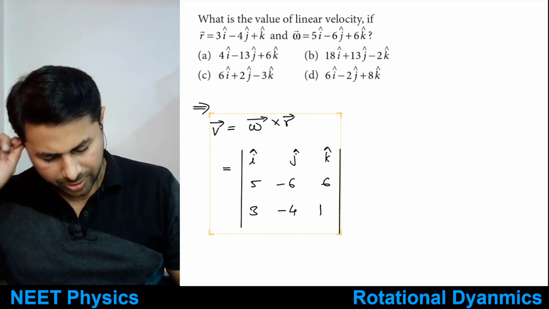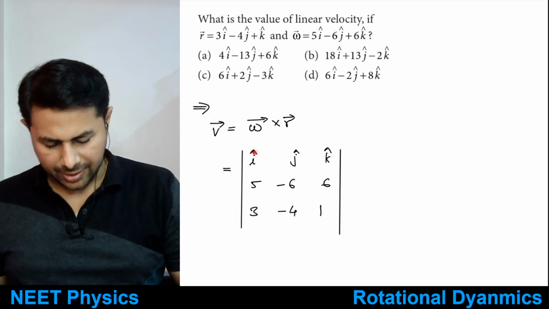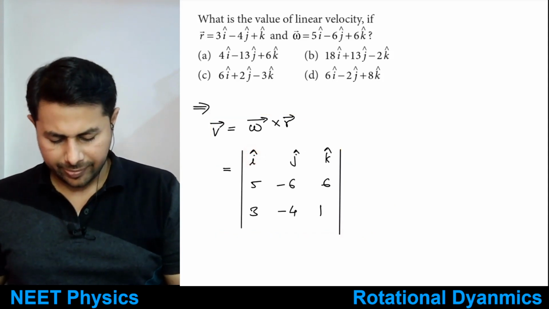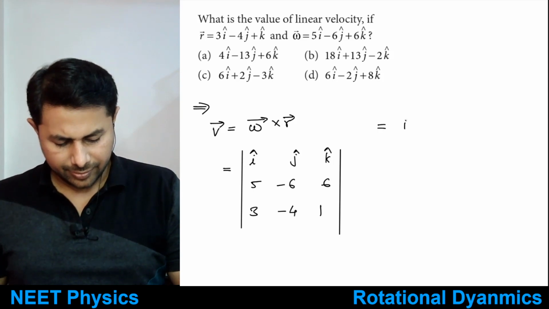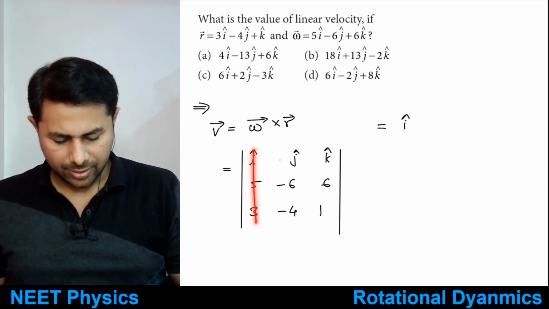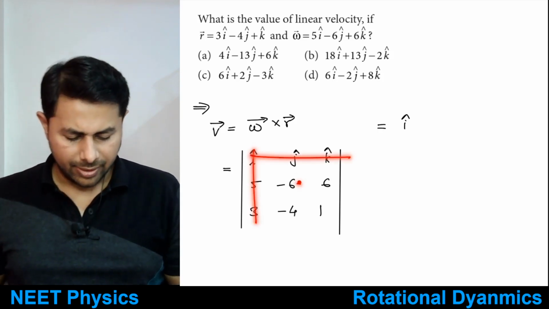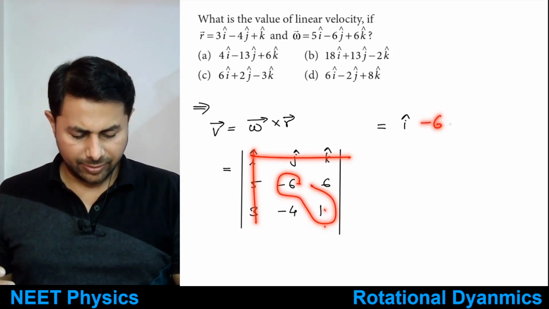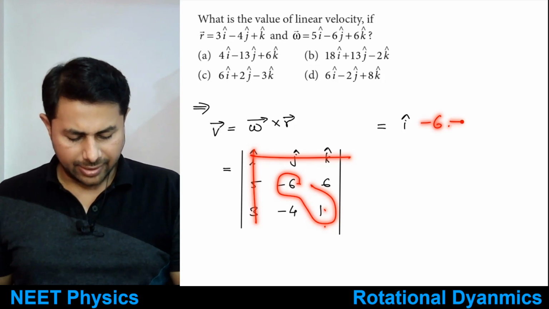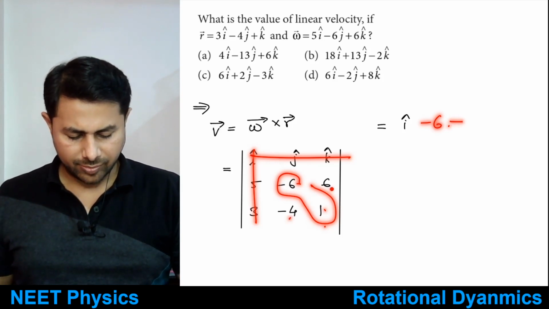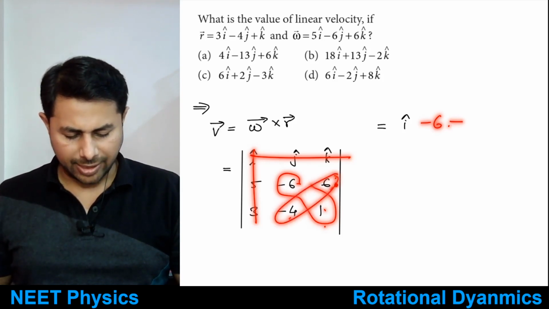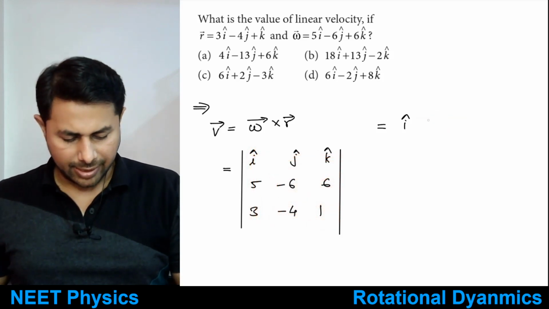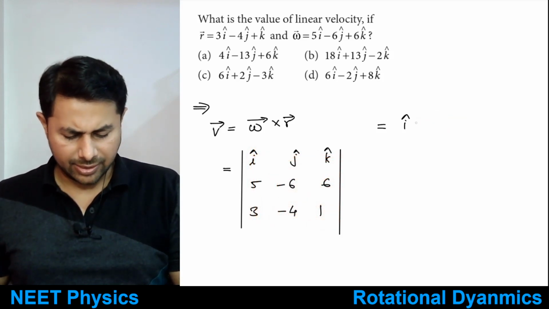Take i cap, then hide the column and the row containing i cap, and multiply the rest. So minus 6 times 1 is minus 6, minus 4 times 6 is minus 24. So minus minus plus: minus 6 plus 24, so that is 18.